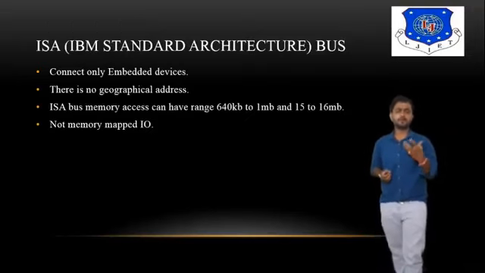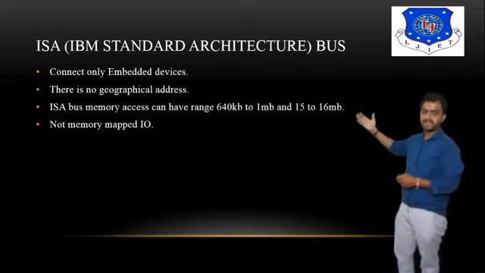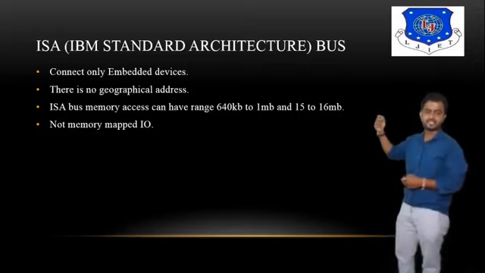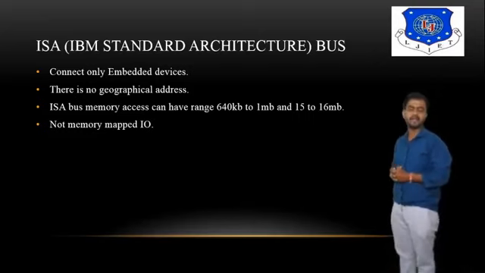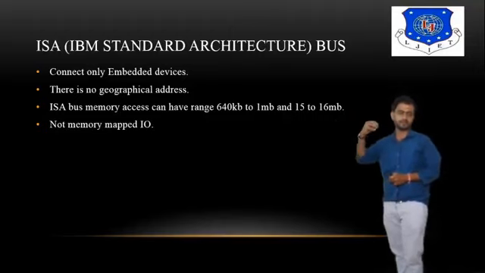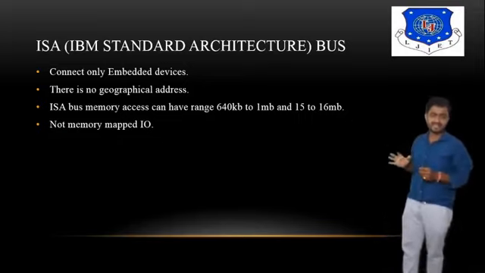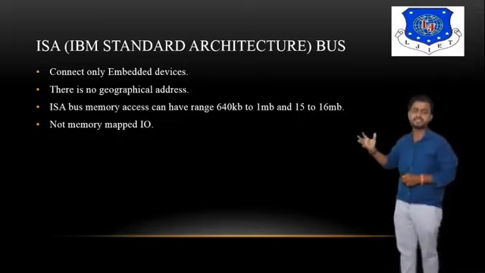Now the most popular and most famous bus architecture is ISA, the IBM Standard Architecture bus, from the communication point of view in terms of parallel communication. It connects only embedded devices, meaning you can connect with any embedded device, any type of microprocessor or microcontroller. There are no geographical addresses, so you can directly communicate with it.